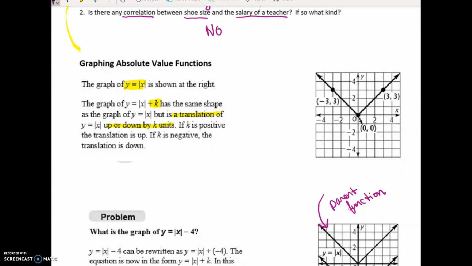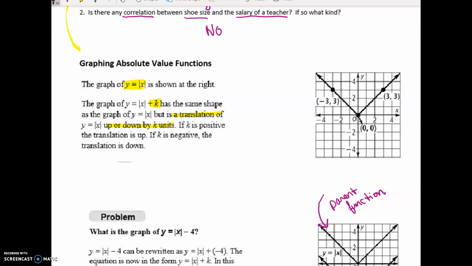We'll start off with what we call the parent function. The parent function is the most basic function that starts at the origin. And if we look at the slope of each side, it just goes up 1 and over 1.